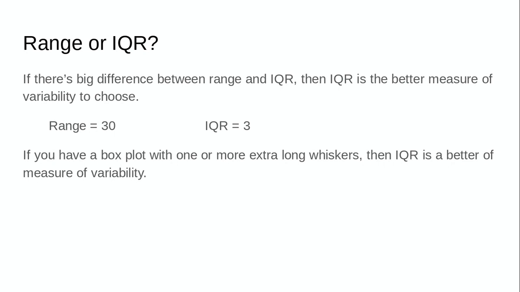If you're looking at a box plot and one or more extra long whiskers are on that box plot, like the box plot we just had, then IQR is a better measure of variability. Pretty much you don't want to choose range when you have either one outlier or two numbers where one is really big and one is really small.